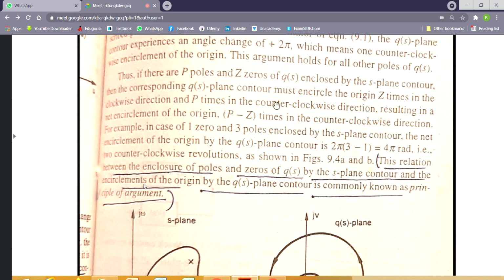P times counterclockwise, Z times clockwise. Hence N equals P minus Z times in the counterclockwise direction.